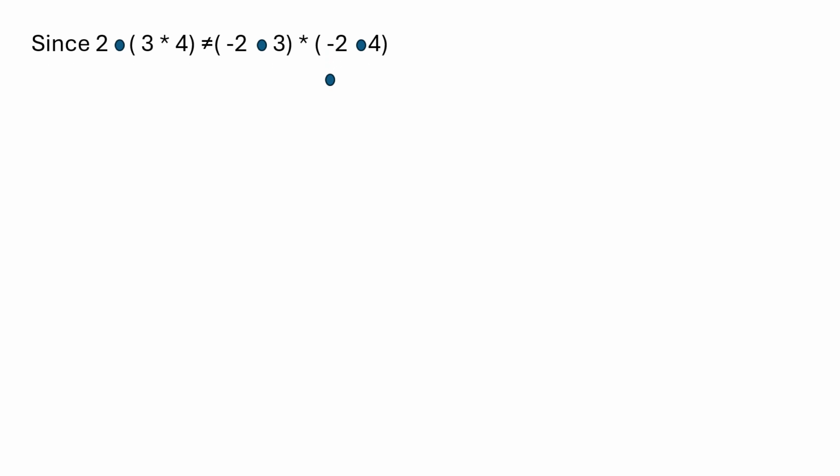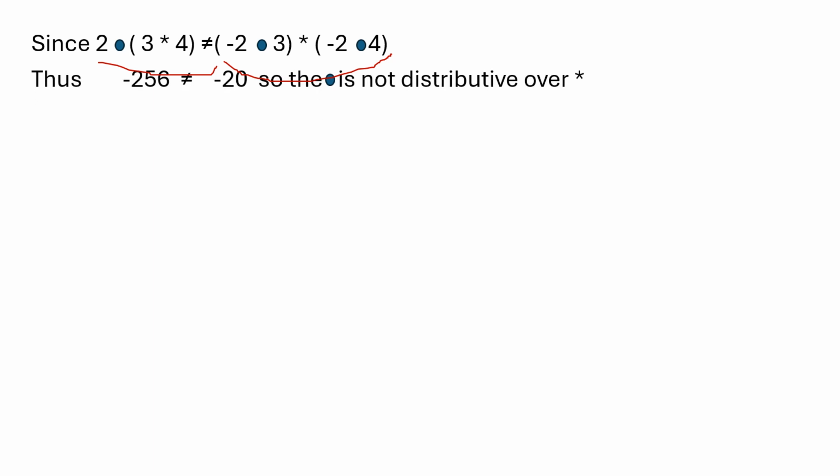Comparing that, we realize that the left hand side gives a different answer compared to the right, and that is negative 256 for the left and negative 20 for the right. So we conclude by saying that since the left is not equal to the right, then the operation dot is not distributive over the operation star.